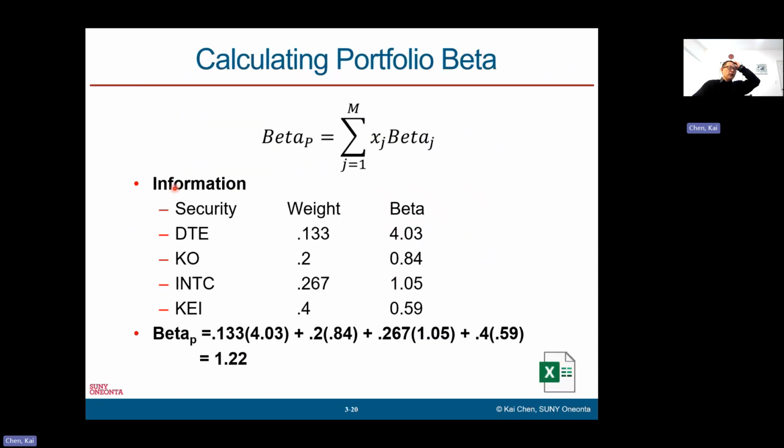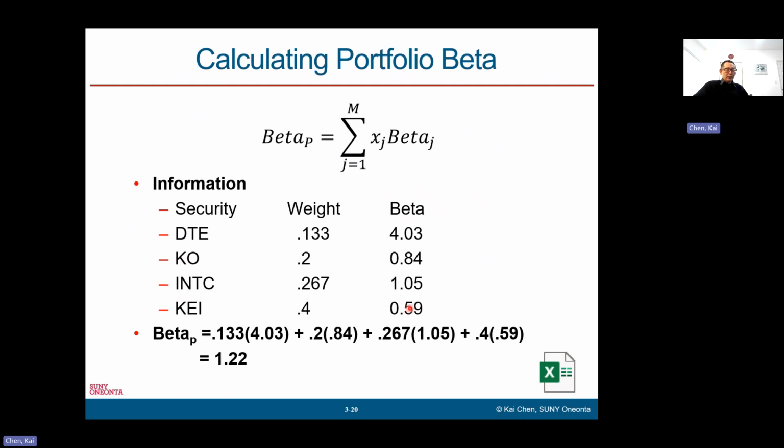Of course, we can use an example to explain. Okay, the same portfolio in which there are 4 assets: DTE, Coca-Cola, Intel, and KEI. We know the weights, and now we know the beta.